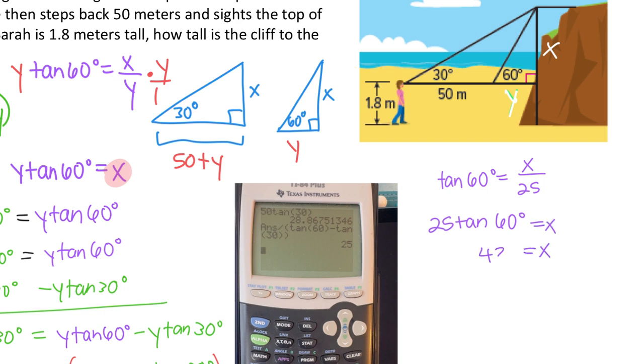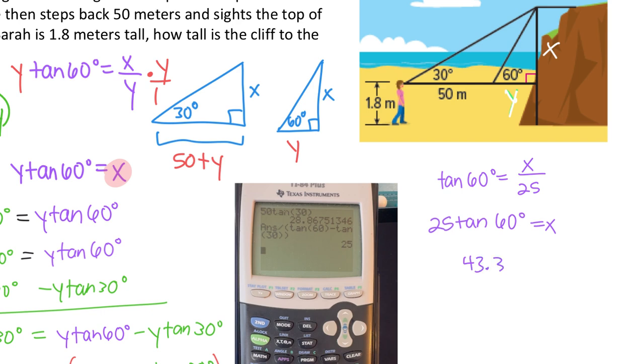So 43, because it wanted the nearest whole. Actually, no, we don't want to do that, because we still have to add back her height. So since it's asking for the nearest meter, if you're going to round, I don't want you to round until the very end, but if you are, you should go at least one or two places past what your final rounding will be, because it won't affect it that much.